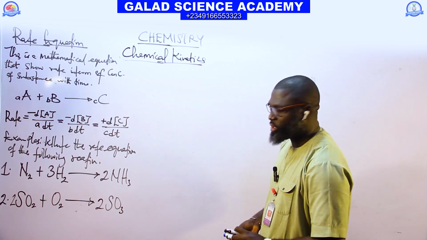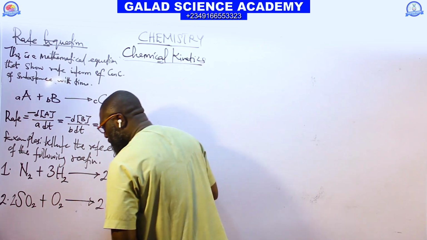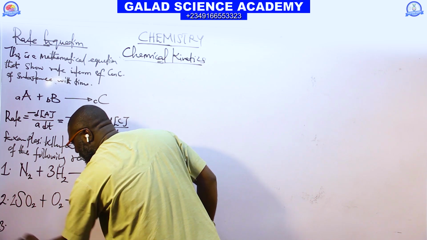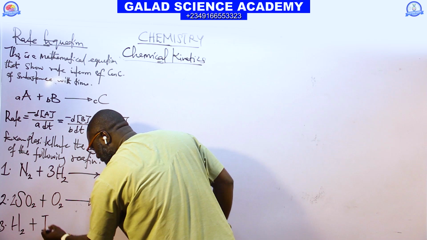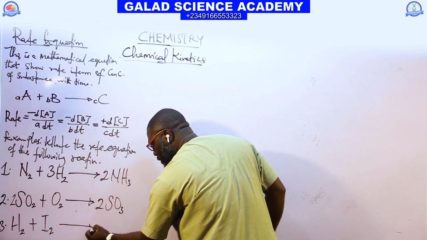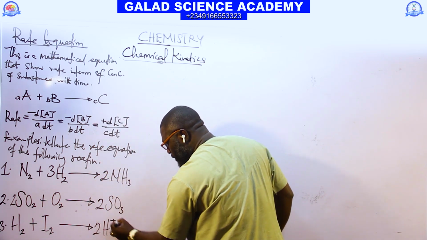Write the rate equation for this. The third one, number 3: H2 plus I2 gives 2HI.